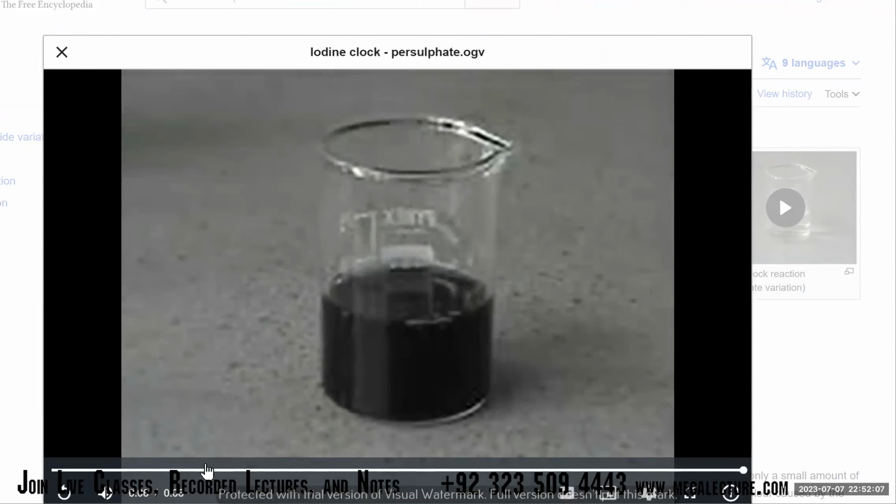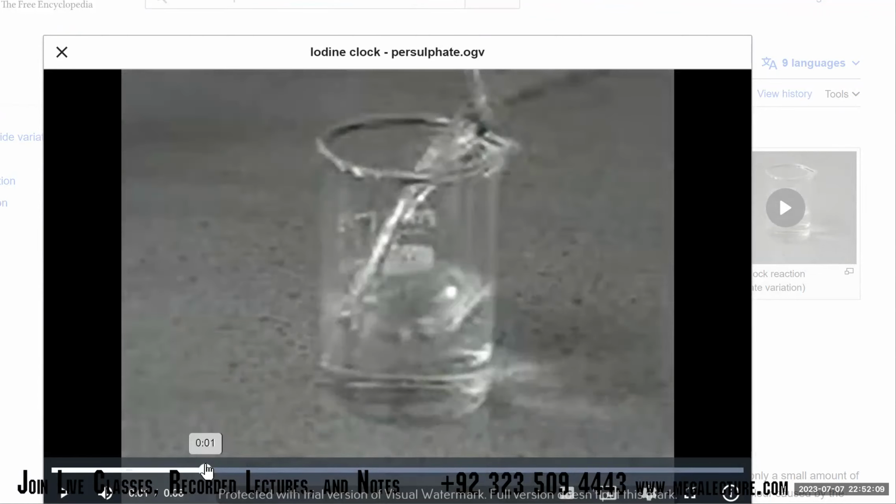It's going to be colorless, and after a certain time, that's why it's called a clock, right? After a certain time, like 10 seconds, 20 seconds, 30, or whatever time it takes for the reaction to finish, all of a sudden it abruptly turns blue-black. Is that because there's a starch indicator inside?